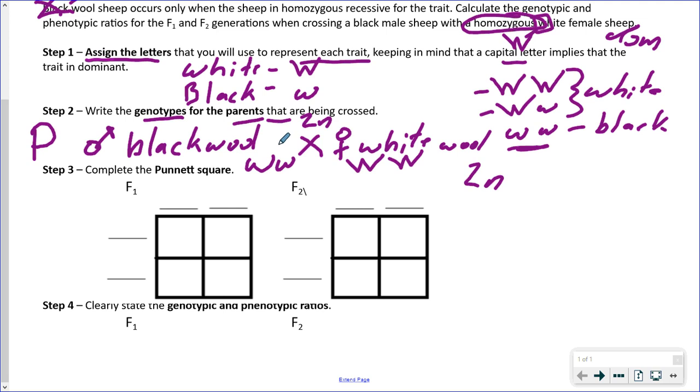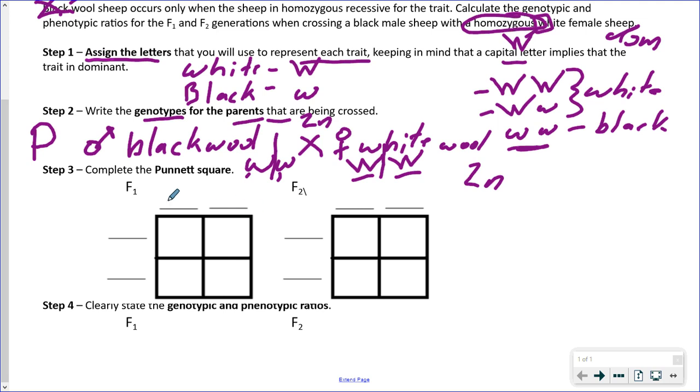When the gametes are formed, the gametes do not get both capital W's, they will only get one. So half of them will get this one, the other half will get this one here. Same thing with the female, they're not going to get both. Half are going to get this allele, and half are going to get this one here. If I now write in, at the top of the Punnett square and the side, what we're going to get for letters, this is the way you would write it in.